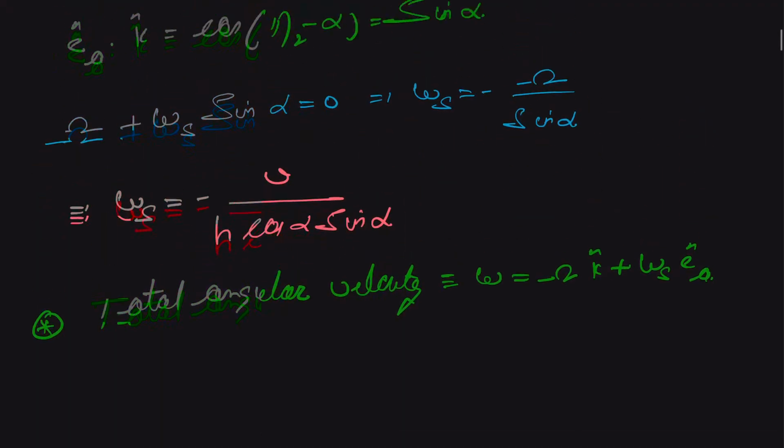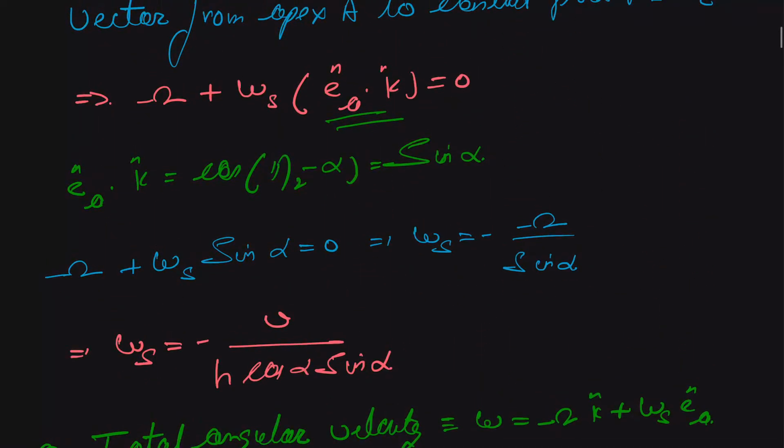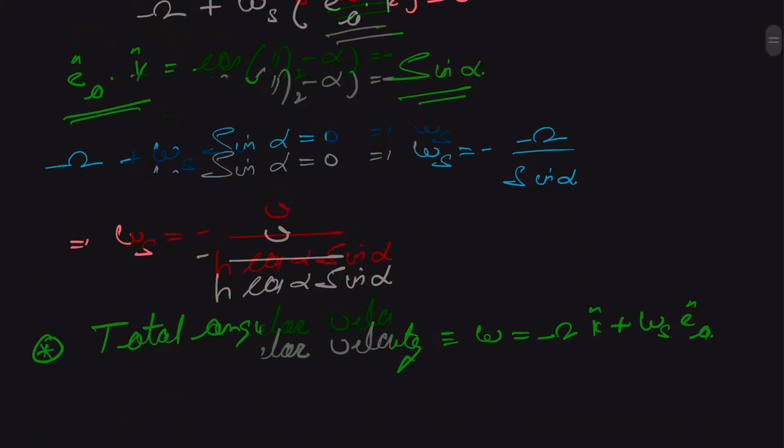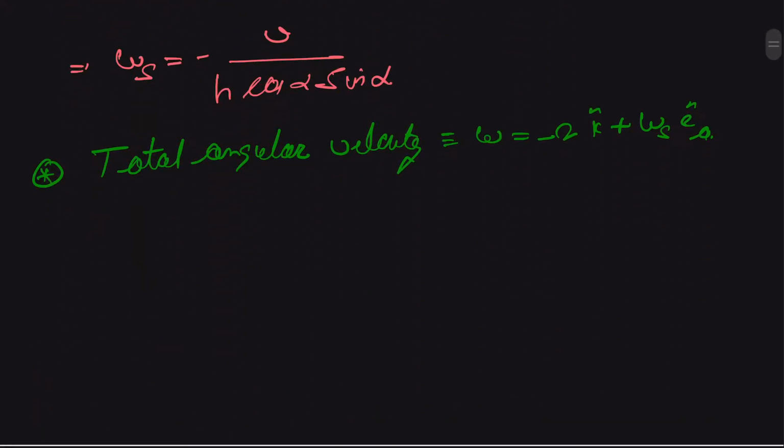But we already know that our dot product of this is equal to sine of alpha. Okay. So therefore we are interested in magnitude only.